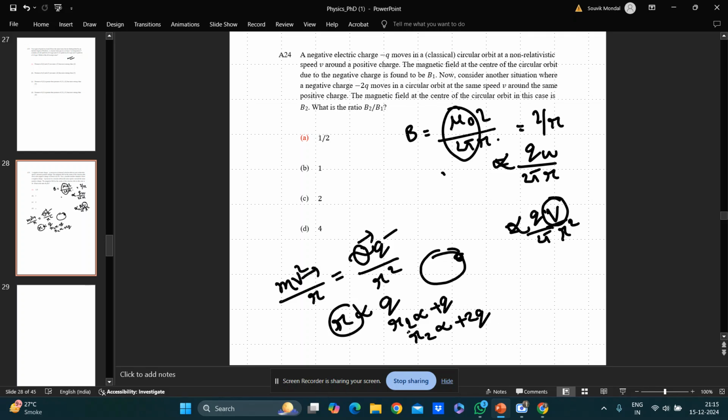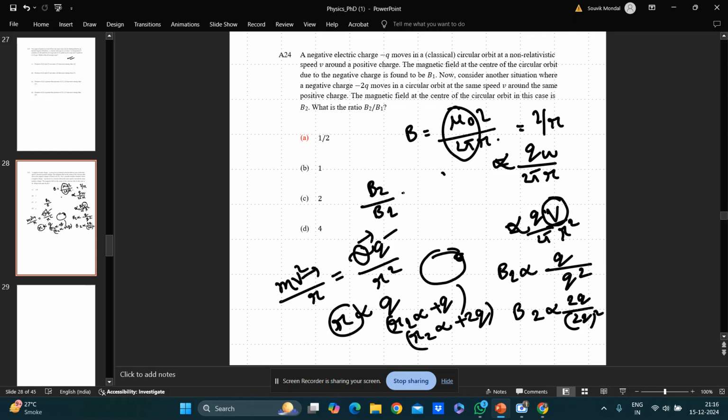So these are the two cases, R1 and R2, and the revolving charge is itself Q. So B1 is proportional to Q by Q square, and B2 is proportional to 2Q by (2Q) whole square. So what is B2 by B1? They are asking B2 by B1, so it is simply 1 by 2.